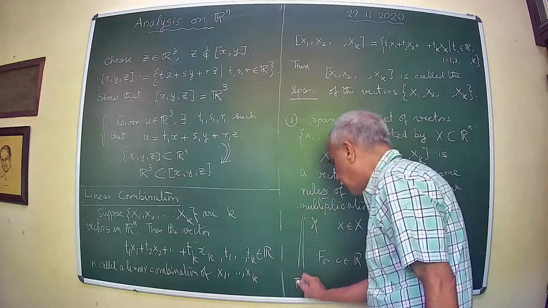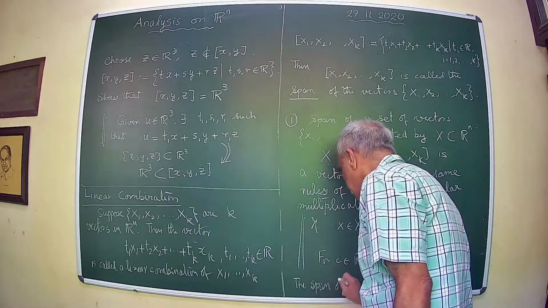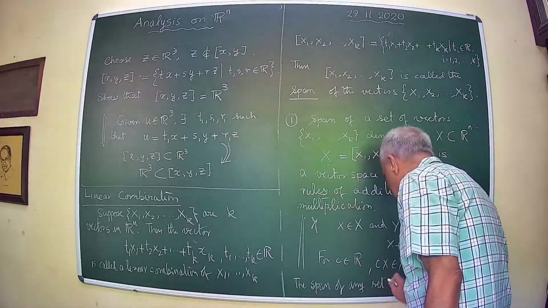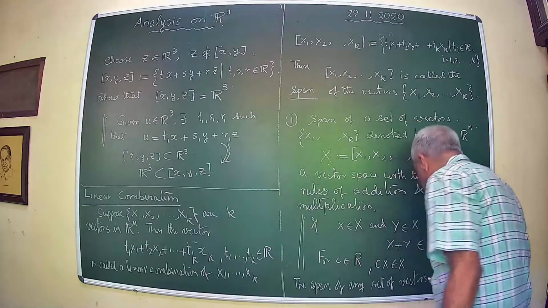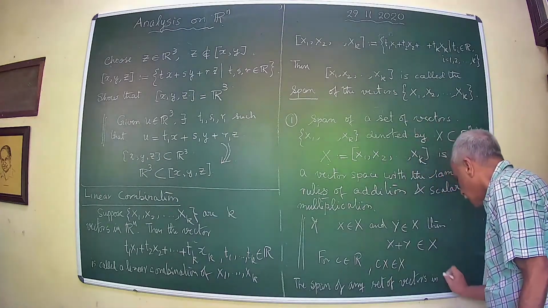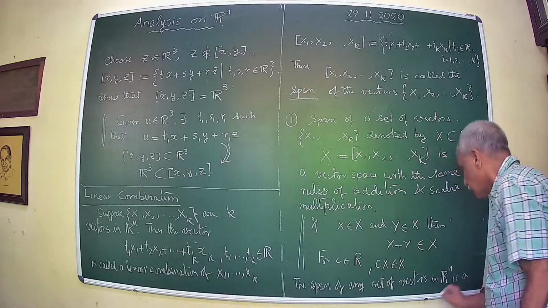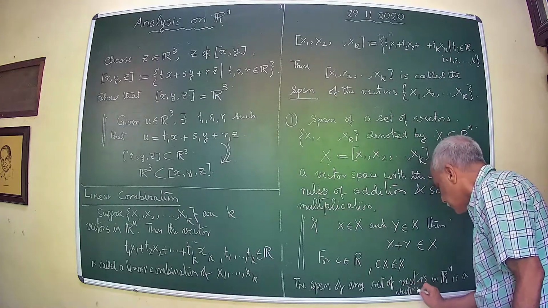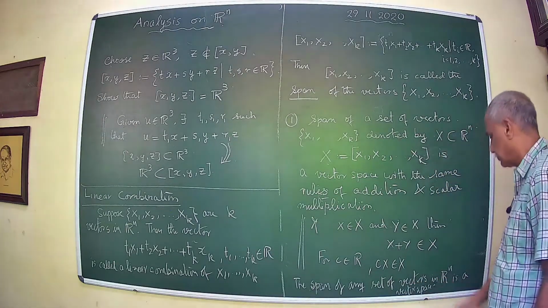The span of any set of vectors in Rn is a vector space.